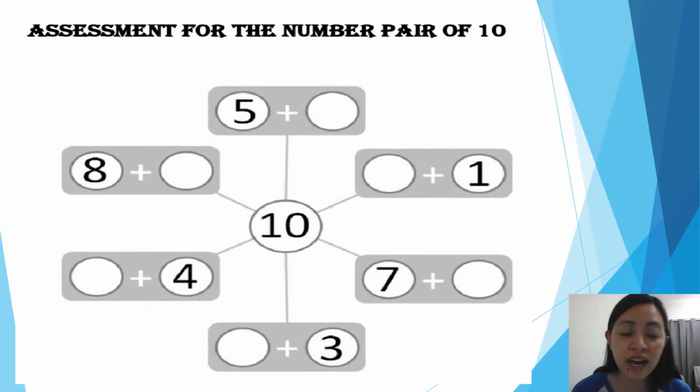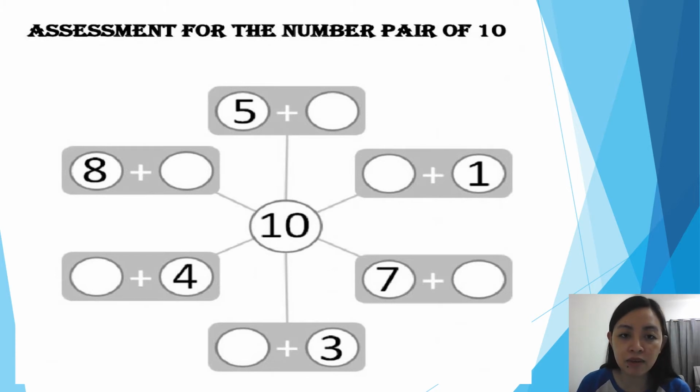Okay, kids, so I have here an assessment for the number pair of 10. So if you're going to observe, I have here the number web. So the number in the middle is 10. So we have to find the missing number, okay, to make each pair equal to 10. So I will do the first one and then you're going to do the rest, okay?